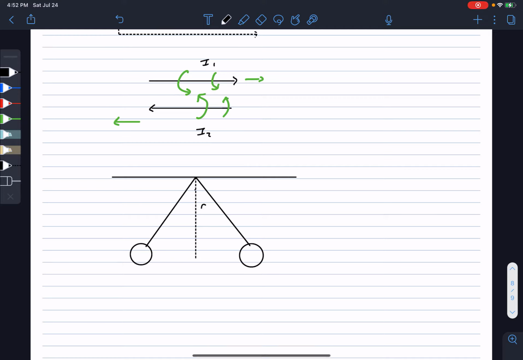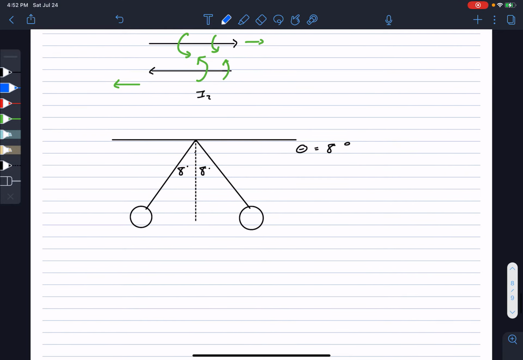So that means that this angle is equal to this angle, and those angles are 8 degrees, right? Because we have an entire separation of 16.